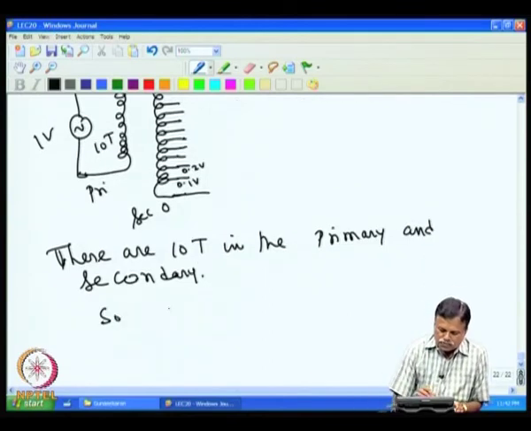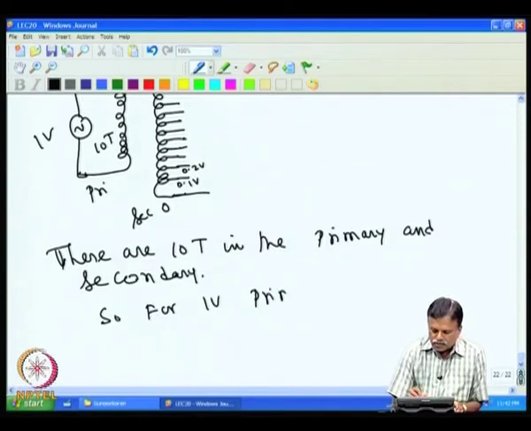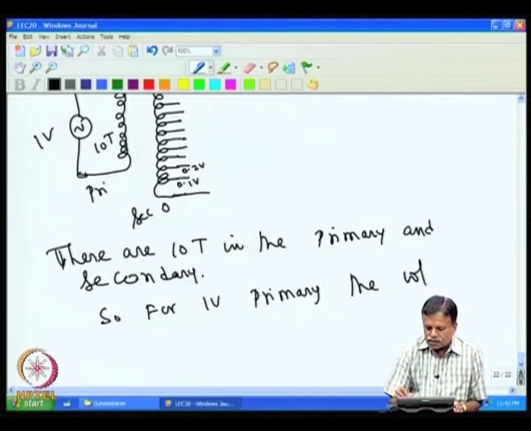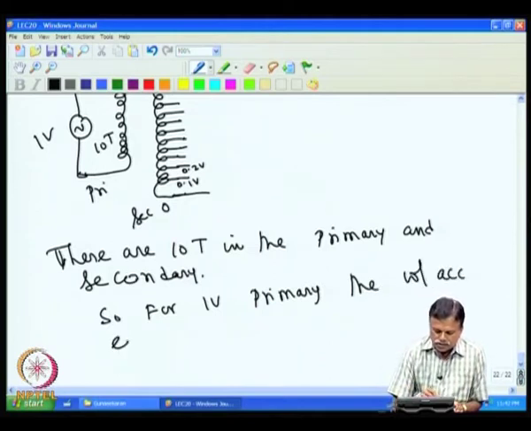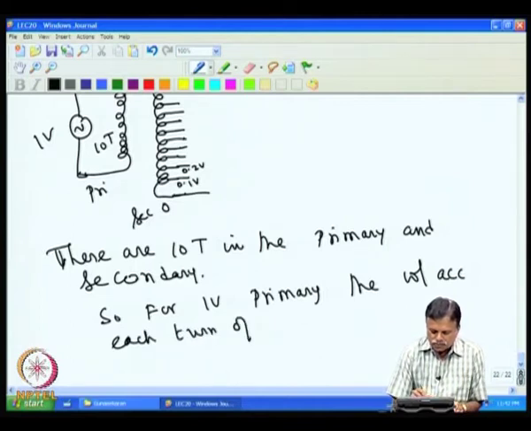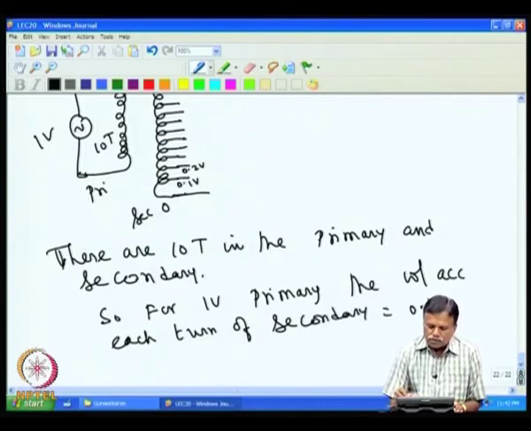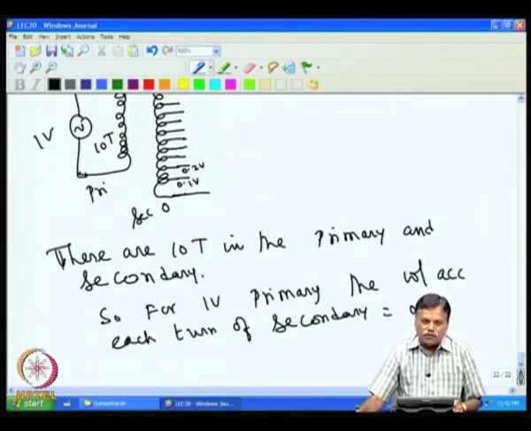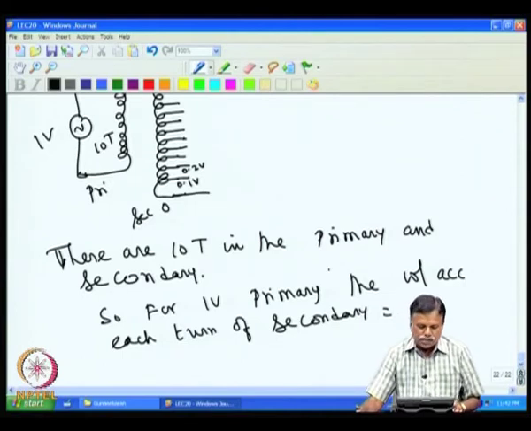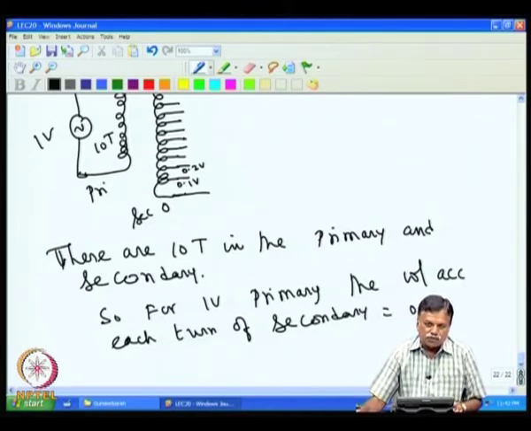So, for 1 volt primary, the voltage across each turn of the secondary is equal to 0.1 volt. So, each turn will have 0.1 volt across each turn of the secondary.